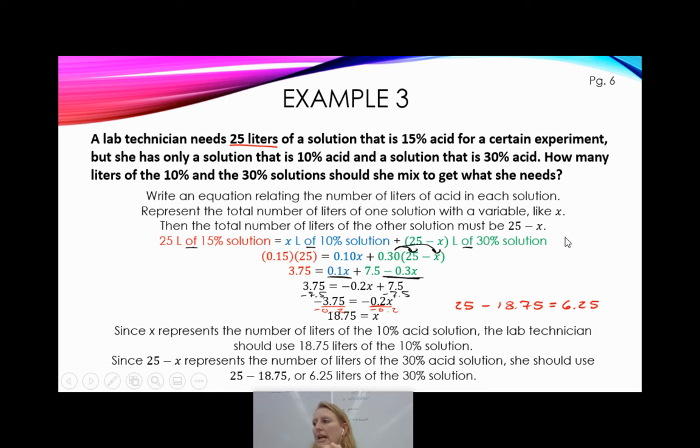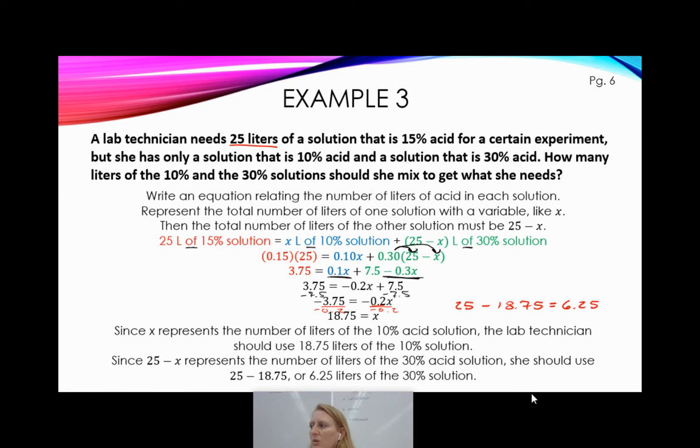Since 25 minus x represents the number of liters for our 30% acid solution, she should use 25 minus 18.75 or 6.25 liters of the 30% solution. Awesome. So if she wants 25 liters of that 15% solution, she's going to combine 18.75 liters of her 10% solution and 6.25 liters of the 30% solution.